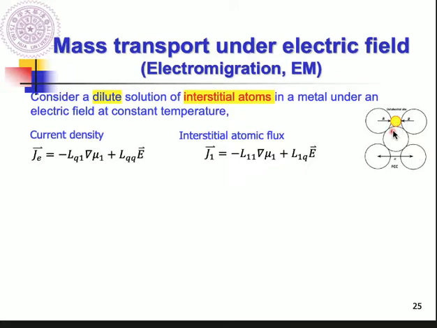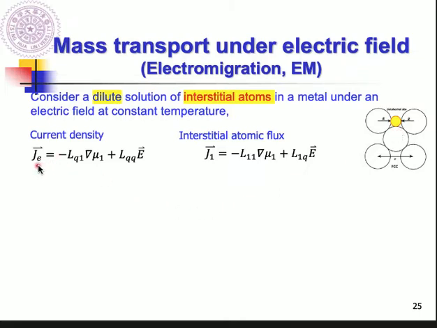What happens? The first thing is you need to identify how many driving forces exist in the system. You can simply write down the current density, J sub e, and J sub i, the atomic flux, right? There are two possible driving forces. The first one is the concentration gradient, and the second one is the electrical field you apply on it.